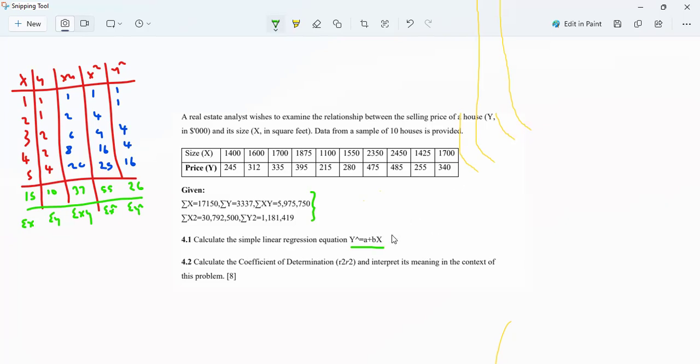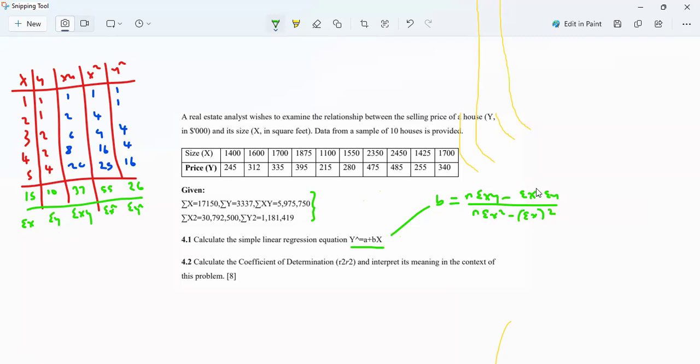So where our b is simply given by n summation of xy minus summation of x times summation of y, divided by n summation of x squared minus summation of x to the power 2. That's what I want you to use on this one here.